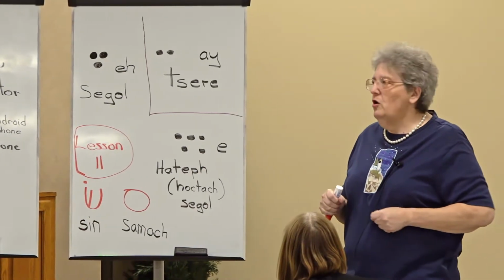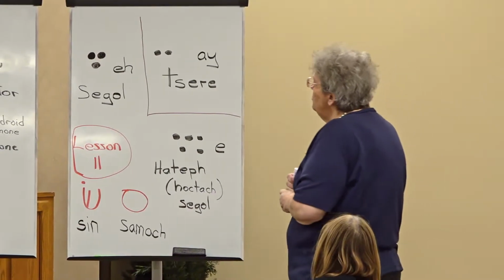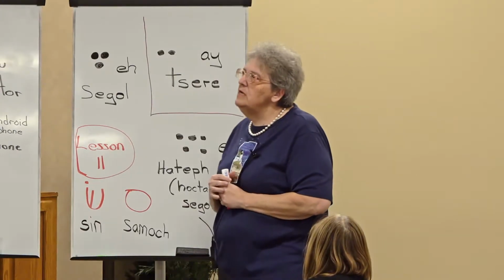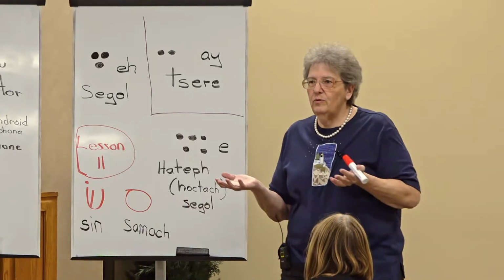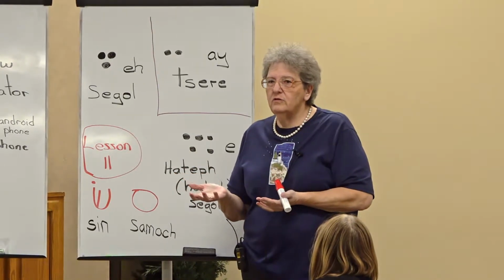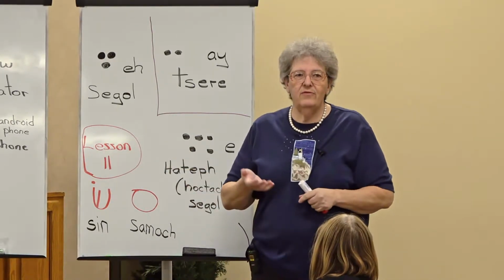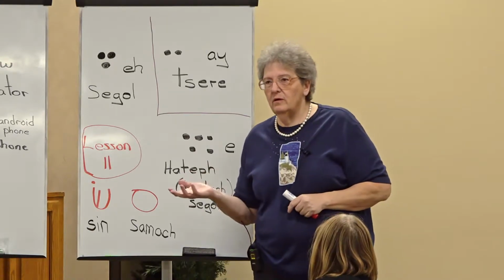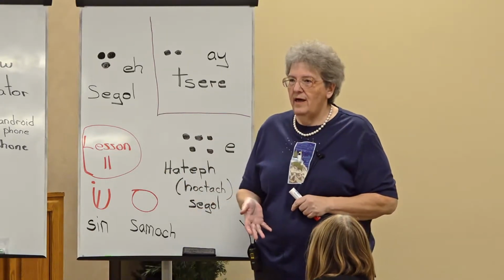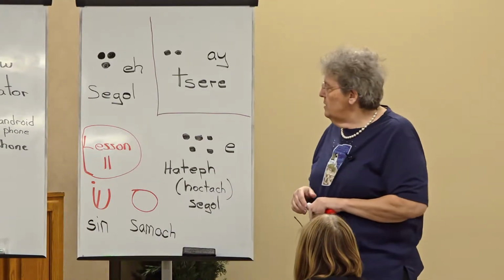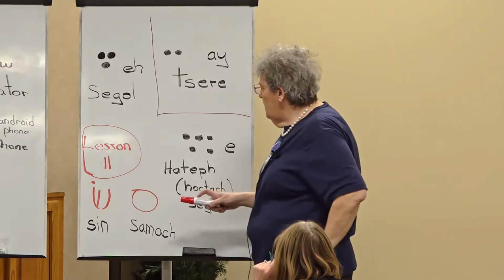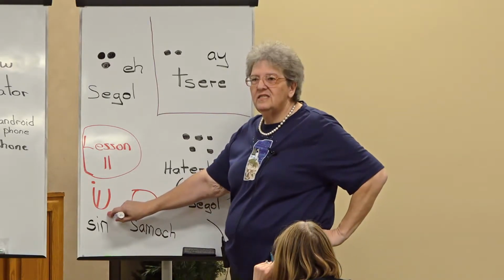When we first started, I told you that there were going to be some letters, and I showed you how the letter looked, and I told you that I would treat you as an adult, and I would tell you sometime later you're going to meet another letter that looks similar but is a different letter. This is one of those times, okay? So one of the letters is this letter, sin.